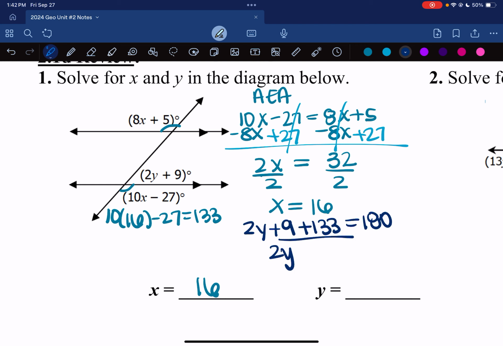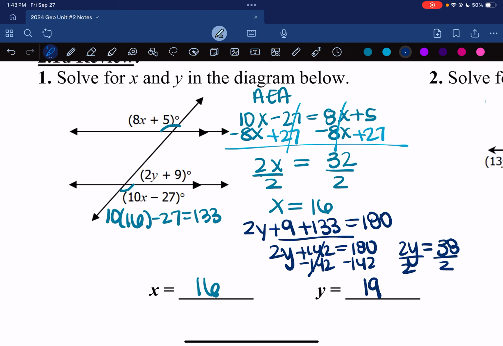So we have 2y plus 142 equal to 180. If we subtract 142, we have 2y equal to 38. Divide by 2, we have y as 19.